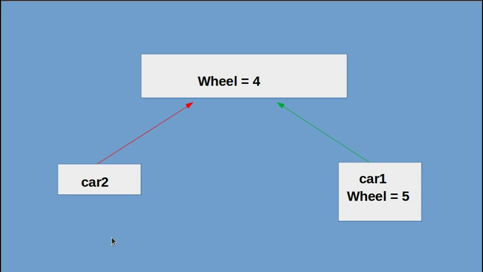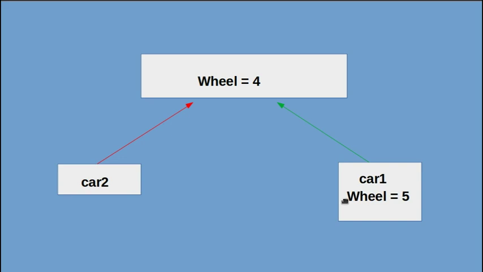Both of them were previously pointing to the class variable wheel, which had a value of 4. So when you access the wheel variable, we got 4 for both objects. But now car1 has its own variable, specific to that object, an object variable, wheel, which has 5 wheels.